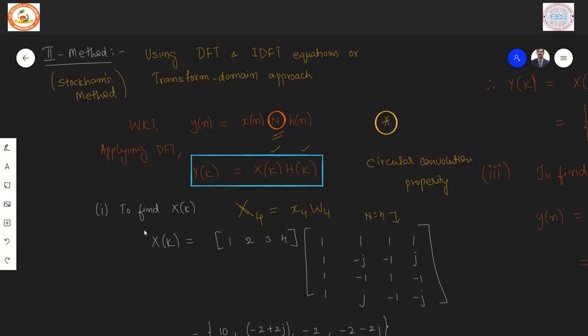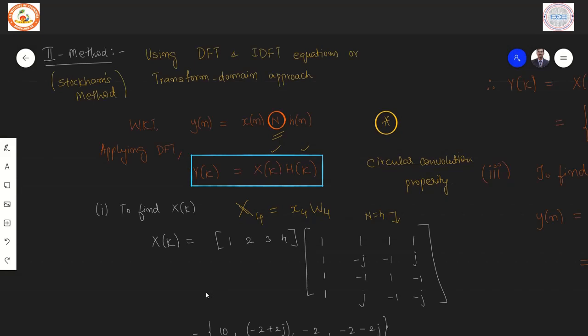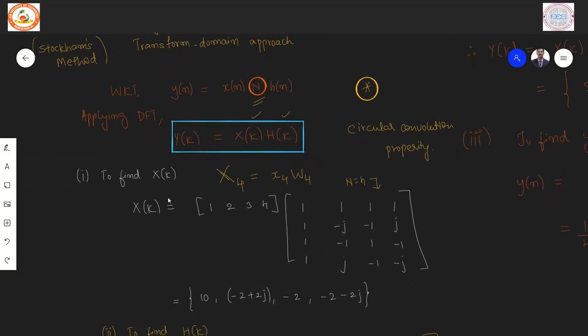Let's start with the first step, to solve for the DFT x of k. Using matrix notation, x of 4 is equal to small x of 4 into w4. So the inputs are expressed in the form of a row. The 4 elements are 1, 2, 3, 4. Here is the twiddle factor matrix.